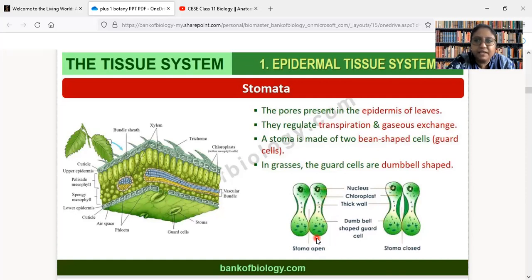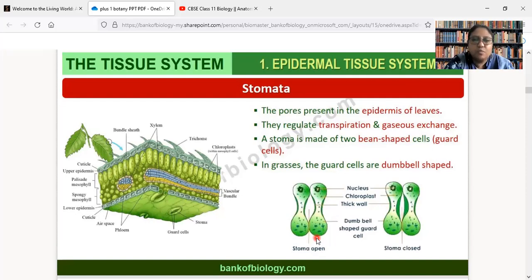For example, xerophytes, the plants habituated to areas where water is scarce, have sunken stomata. Their stomata are not at the surface of the epidermis. They are deeply embedded. These are the things which prevent water loss.